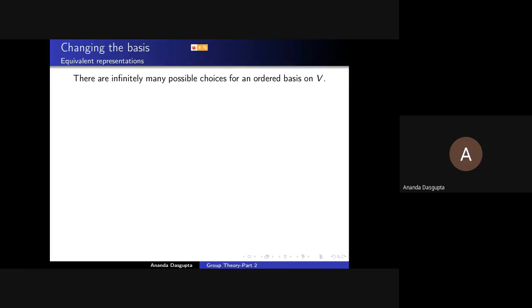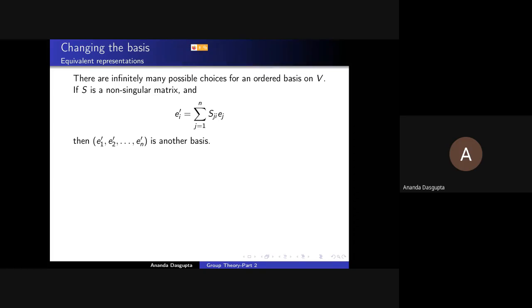Well, the point is, there are infinitely many possible choices for an ordered basis on V, right? You didn't have to use E1, E2. You could have used any two vectors which are not collinear in the last example, and you would still have had a basis for R2. In any vector space V, you have infinitely many choices for the basis that you can use.